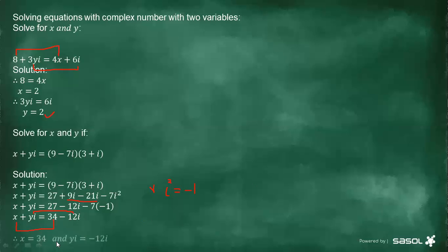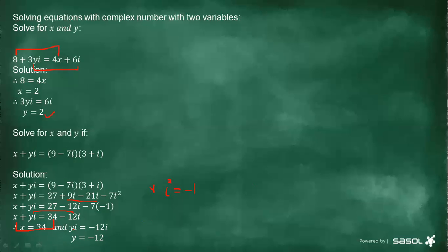All right, you can see that the value of x is 34, and then this one you're going to divide by i both sides, and therefore the value of y is equal to negative 12. So that's how you should solve these equations of complex numbers, x and y.